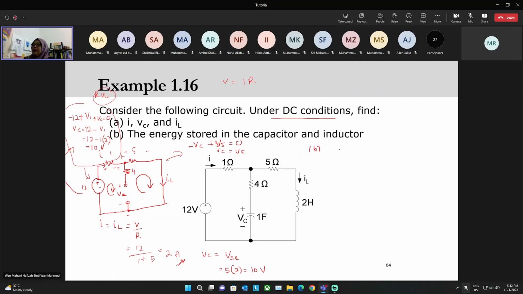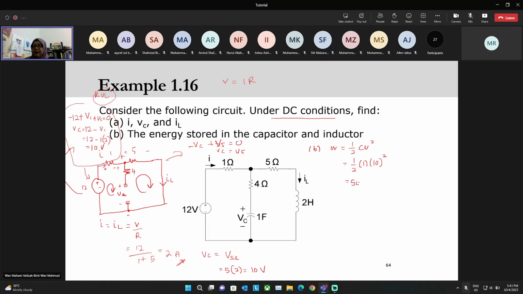Yang B, you just implement dia punya equation sahajalah. W equals to untuk kapasitor 1/2 CV square. 1/2 C dia 1 farad. V dia, V dekat C lah. Jangan ambil V5 ke V12 ke pula. V dekat C, 10 tadi kan. 10 kuasa 2 is 100.